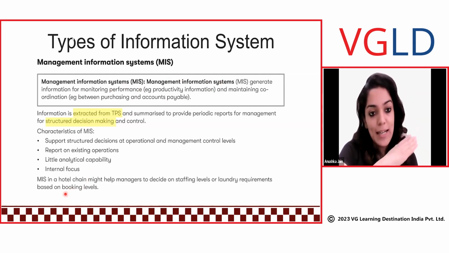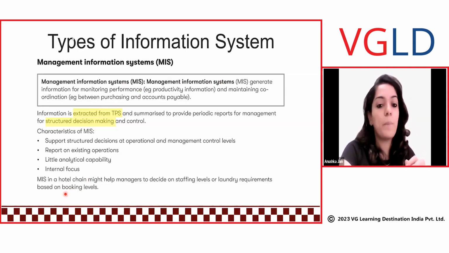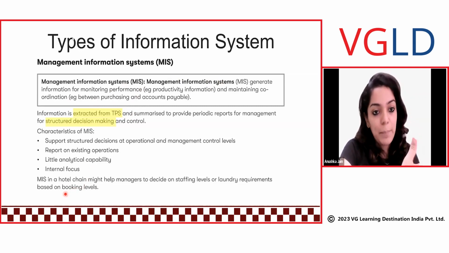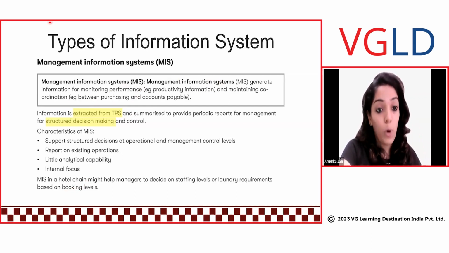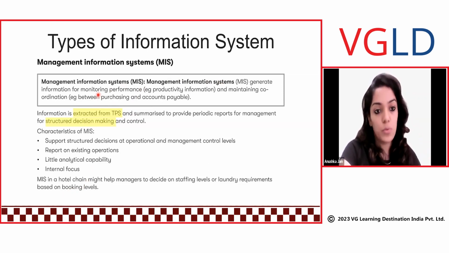So the middle management has dictated what steps you need to take and what activities you need to perform, but they need to keep track of how the performance is actually coming out. Who will be doing it? Middle level management. So MIS, which generates information for monitoring performance, is relevant for the management control level.